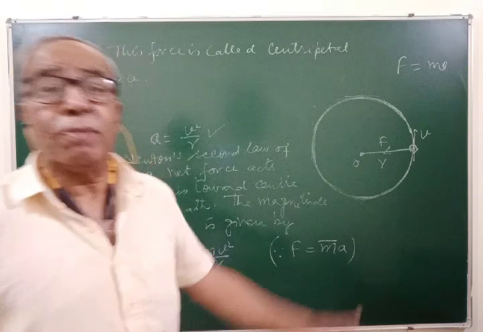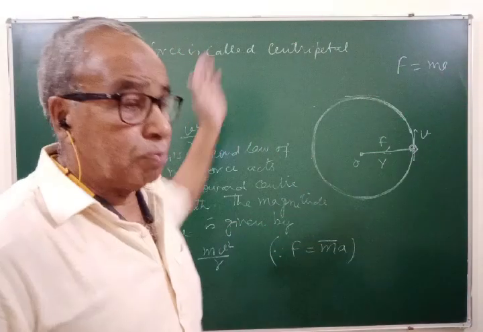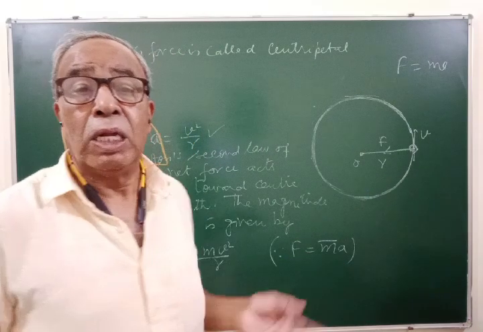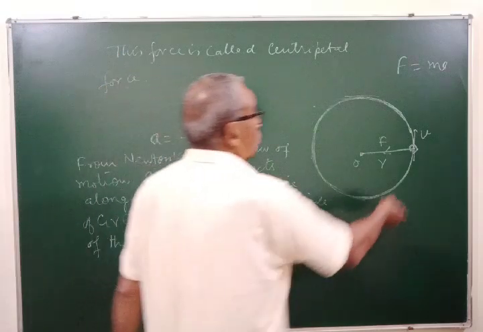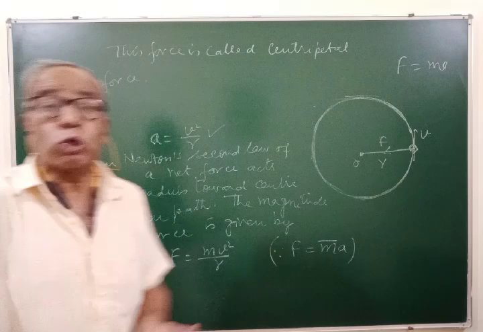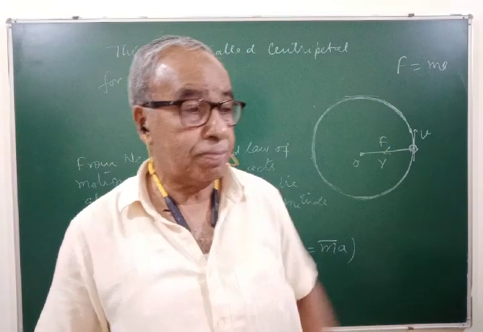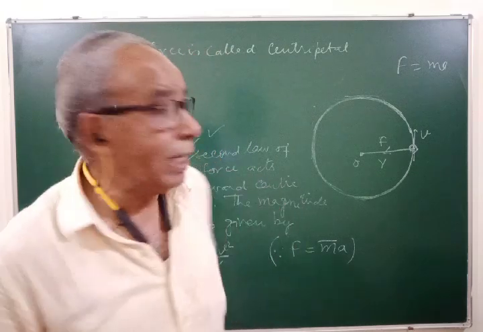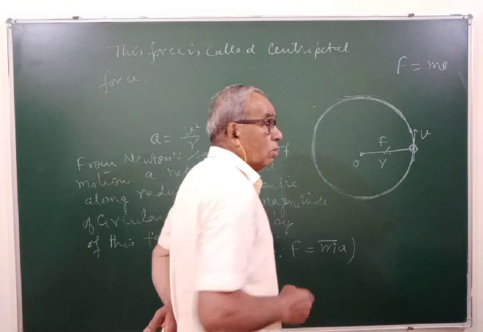People understand that when a body moves through a path, a central force is produced by itself. This force is not produced by itself because of centripetal acceleration. Actually, force causes acceleration. Acceleration does not cause force.